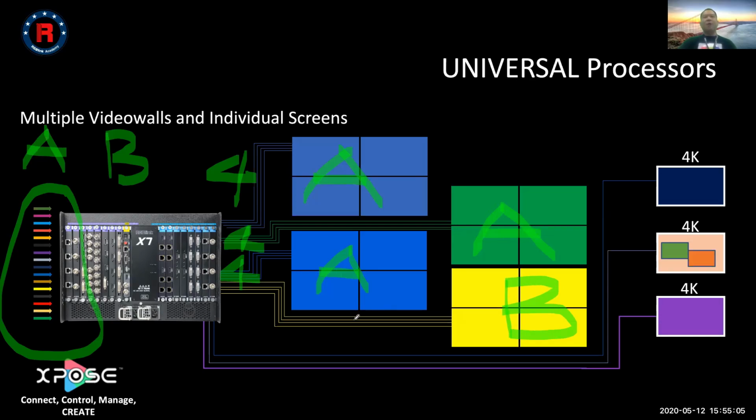S7 can manage this content with different presets. Preset 1 will be used this way. In Preset 2, you can change content A to B and content B to A. So like this.